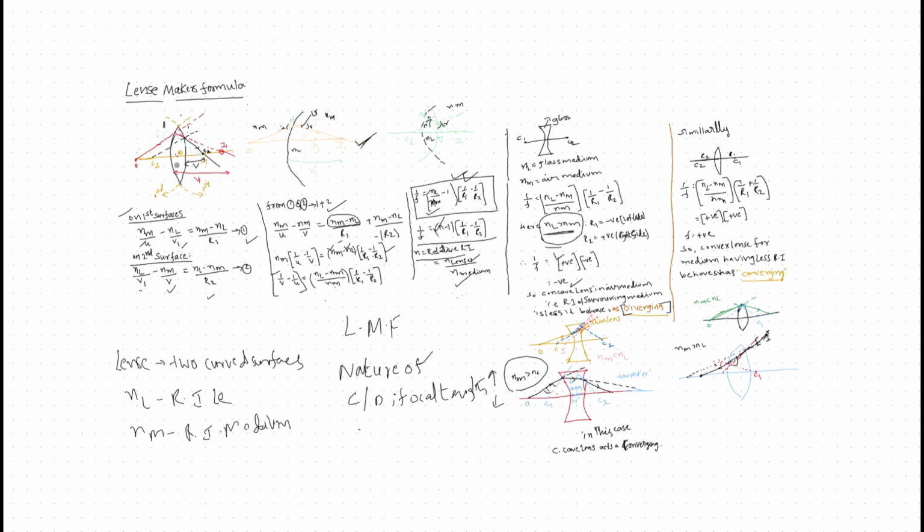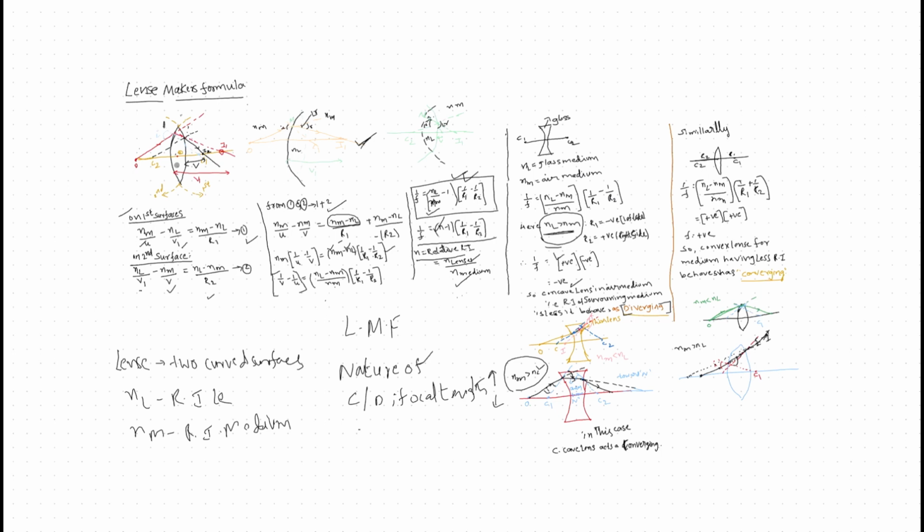But because of the lens and medium, it is going from more refractive index to less refractive index, NL is less. So it is bending away from the normal. This is the normal. More angle of refraction will take place here.